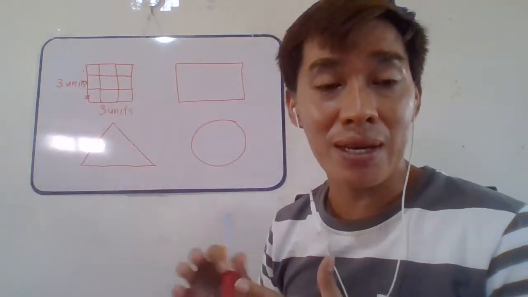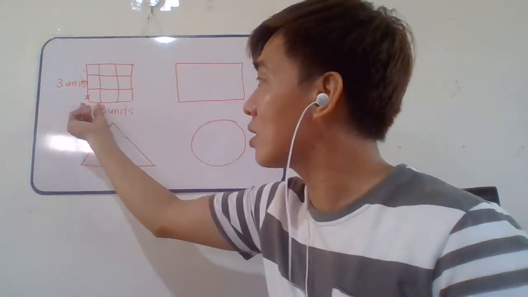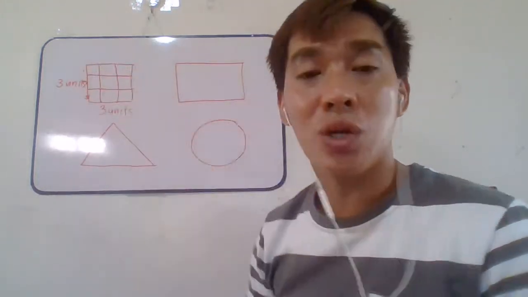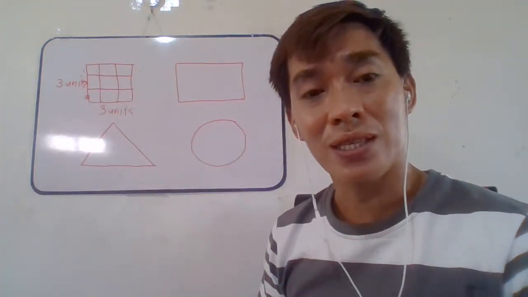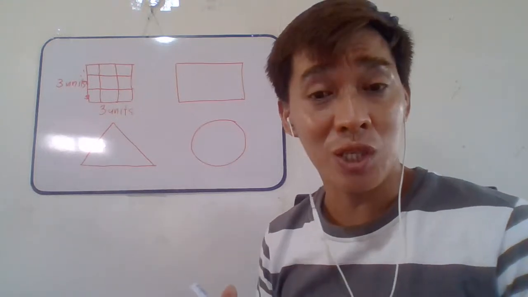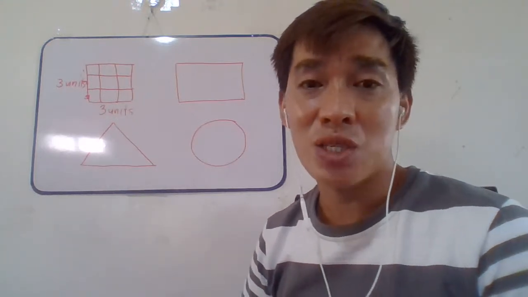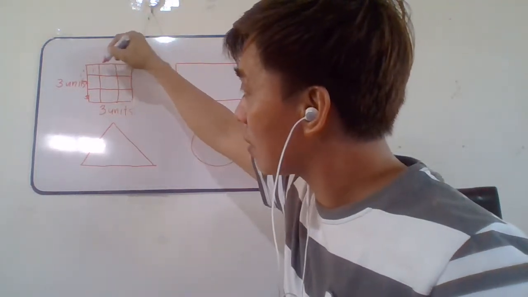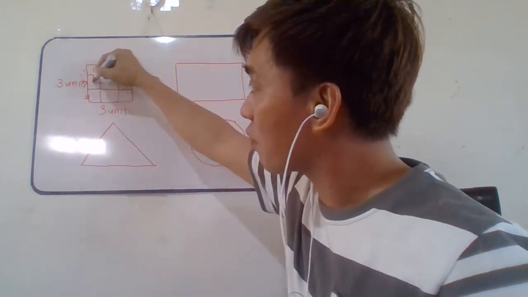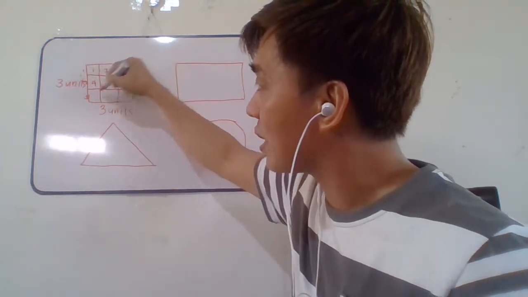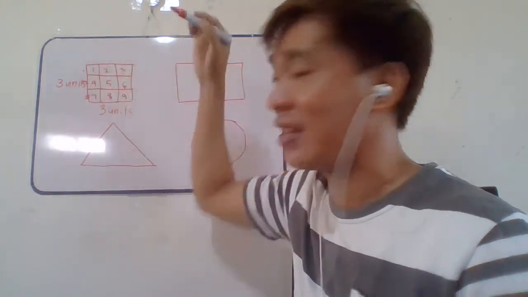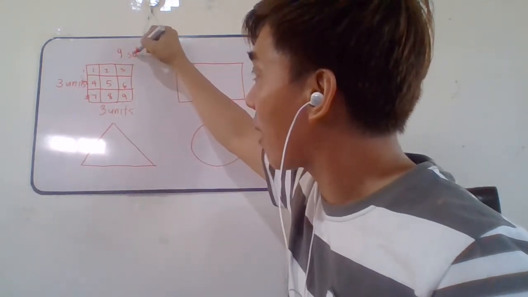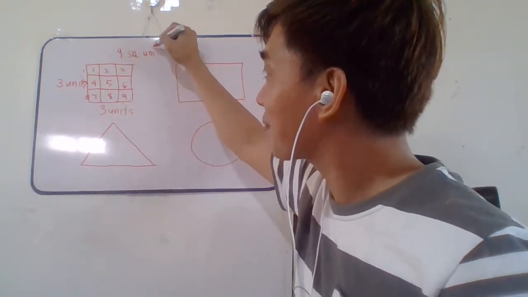Assuming that we have formed squares here, 3 units, 1, 2, 3, and of course here 3 units. So both sides are 3 units. So if you are talking about the area, you are just counting the number of squares. So here we have 1, 2, 3, 4, 5, 6, 7, 8, 9. So there are 9 square units.